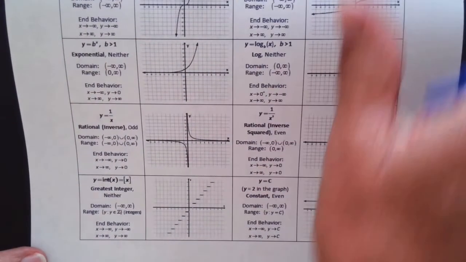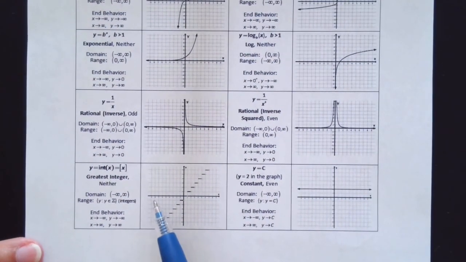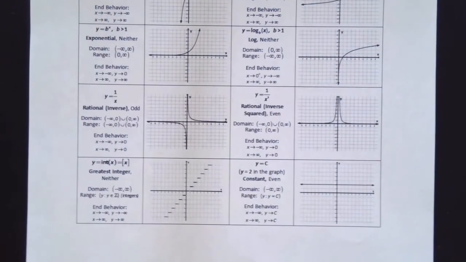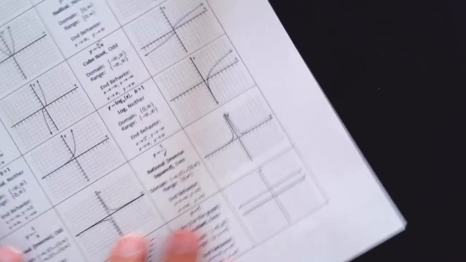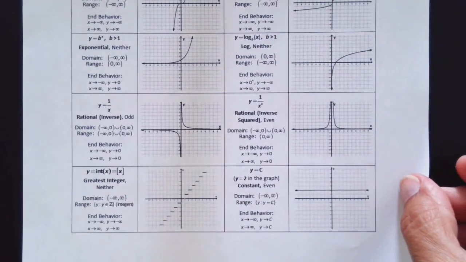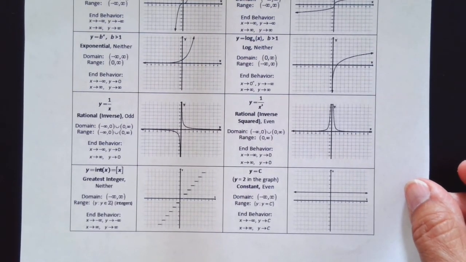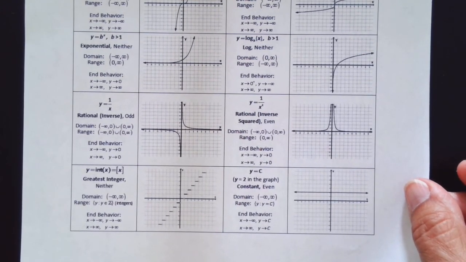And then I don't do a whole lot with the bottom one here, this integer function, but the greatest integer function is one that you may have worked with. And then the last one is just your constant function, which is just a horizontal line at y equals any number. Okay. All right.